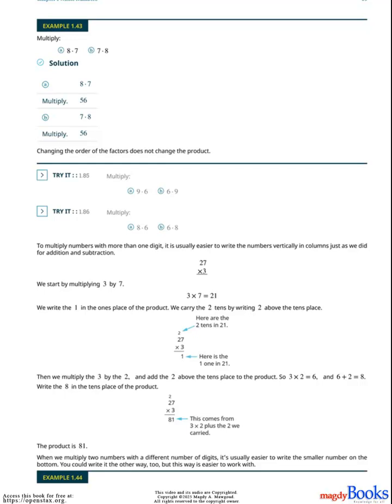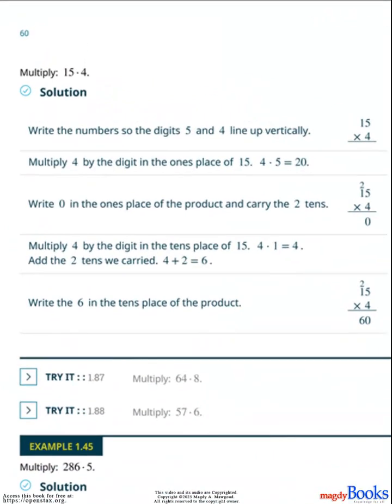Example 1.44. Multiply 15 · 4. Solution. 1. Write the numbers so the digits 5 and 4 line up vertically. 15 multiplied by 4. 2. Multiply 4 by the digit in the ones place of 15. 4 · 5 equals 20.